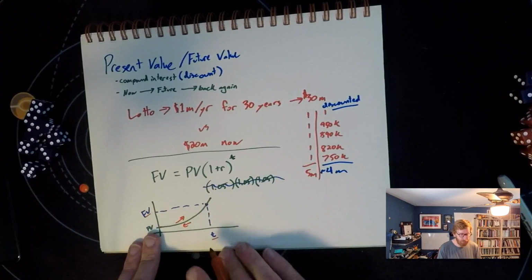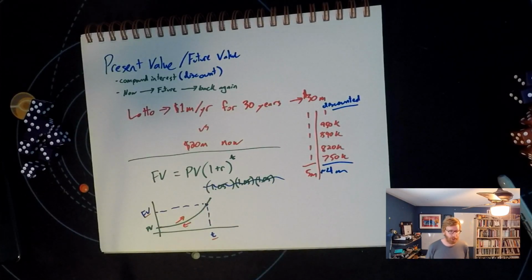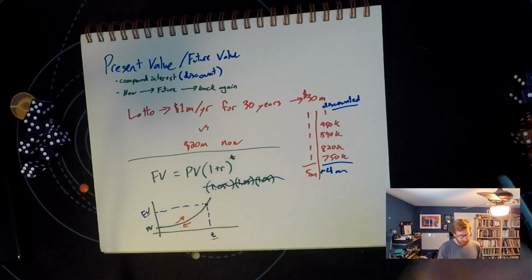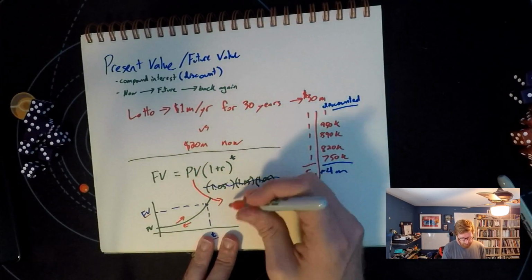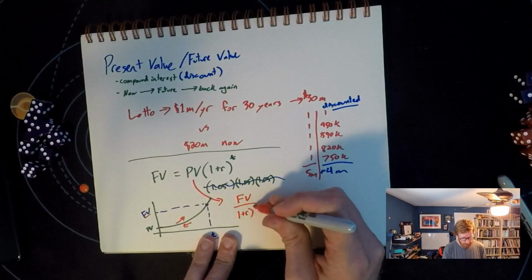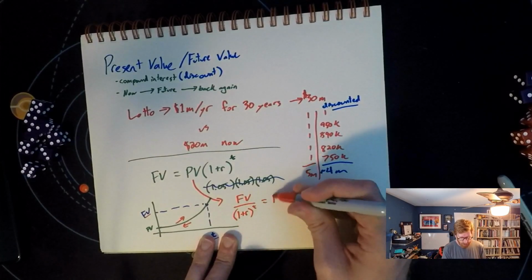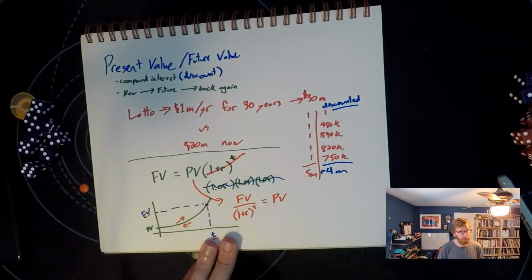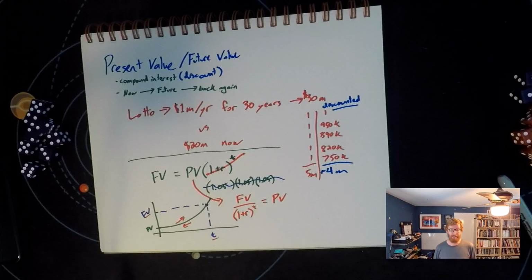And we can change it to find out how much time we need and things like that. So let's just quickly get that arithmetic out of the way. So future value, I'm going to divide by 1 plus r to the power of t, and that equals our present value, right? So we just moved that over here by dividing, and that's really as simple as it is.